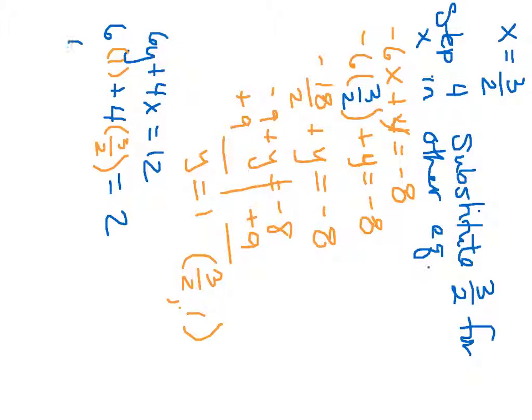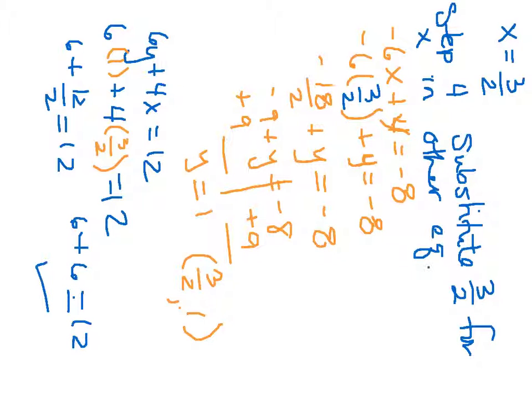So that gives us 6 plus 12 over 2 is equal to 12. And that gives us 6 plus 6 is equal to 12. So sure enough, it checked. And therefore, this must be the answer to my simultaneous equations.